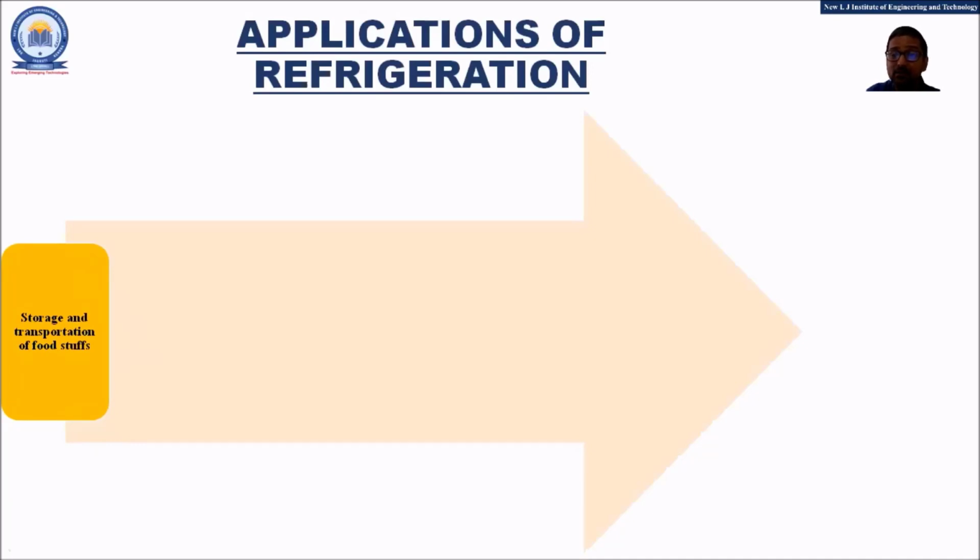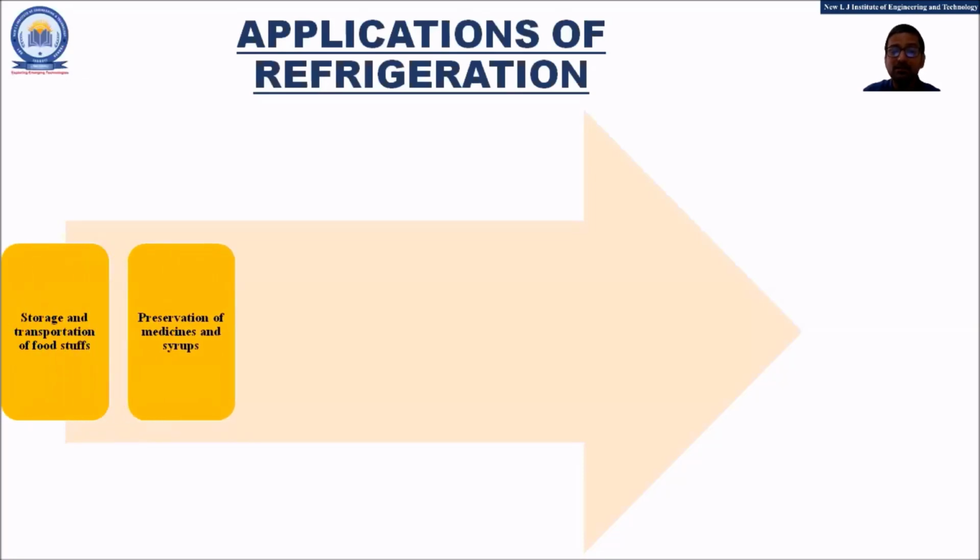That can be fruits, vegetables, milk, fish, etc. So friends, if you have observed in some of the automobiles, it is mentioned that it is a refrigerated van or a refrigerated automobile. That means within that particular container, the temperature is reduced in order to store the foodstuffs and also for the transportation of the foodstuffs.